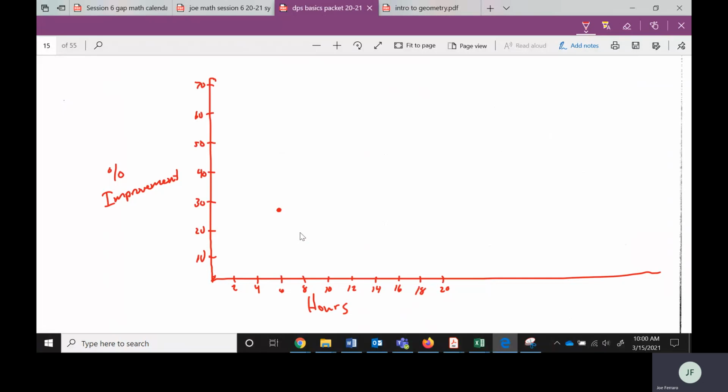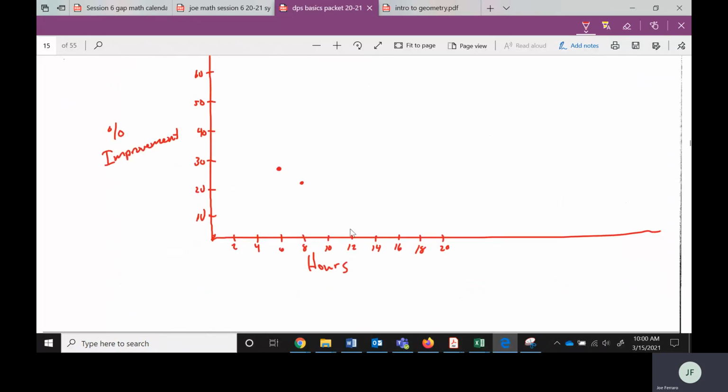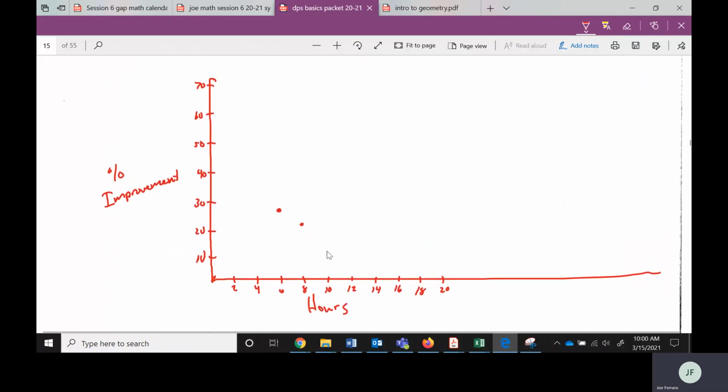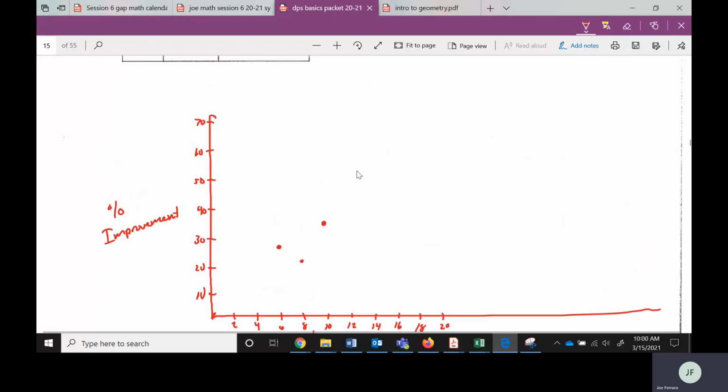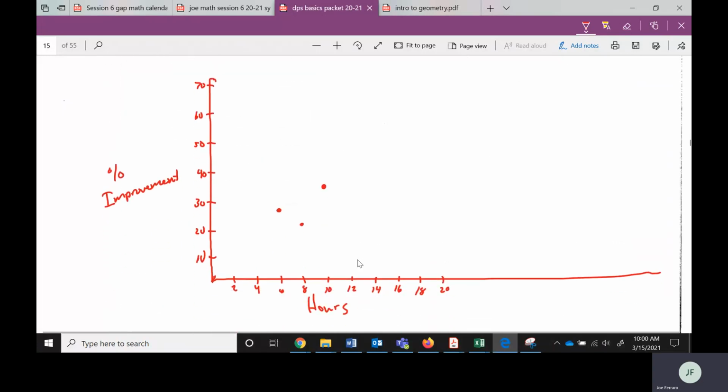So 8, there's 20, just a little bit above that. 21. 10, 35. So 10, here's 30, halfway. Again, this is why graph paper would be a lot better, or even line paper. 12 and 38. So this was 35, so I gotta go a little bit above that, but below the 40.